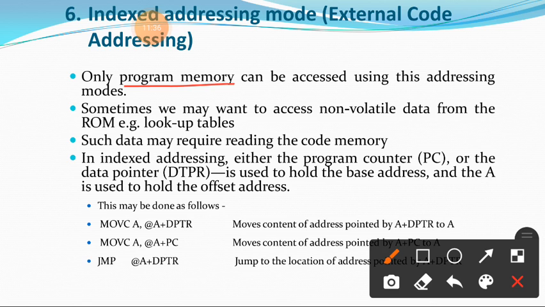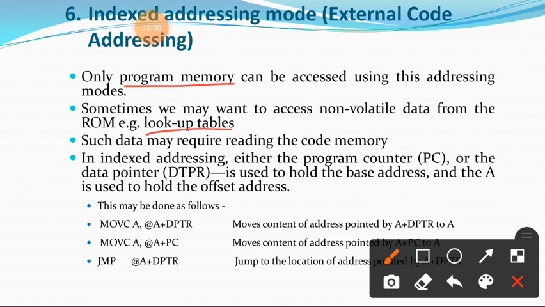Only program memory can be accessed using this addressing mode. And this mode of addressing is accomplished in 8051 for lookup table manipulation. The program counter or data pointer are the allowed 16-bit address storage registers.